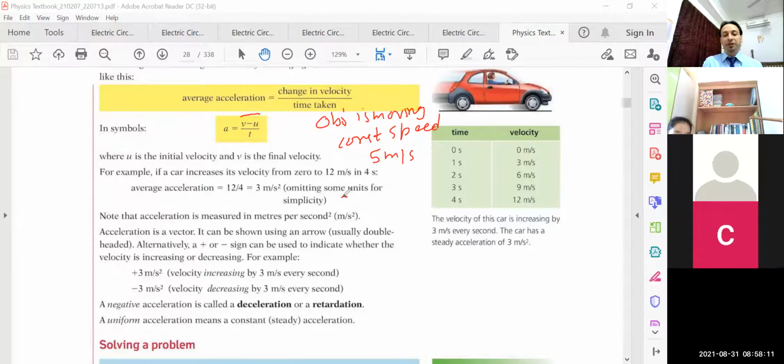Again, the equation is the same, a equals (v minus u) by t. Final velocity: the object is moving with the same velocity, 5. Initial velocity is the same. There is no change. And divided by time taken, suppose 2 seconds. We are observing the motion for 2 seconds. 5 minus 5 divided by 2, 0 by 2, acceleration equals 0. So please remember this situation also, that acceleration can be 0.